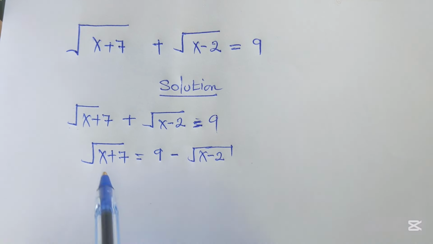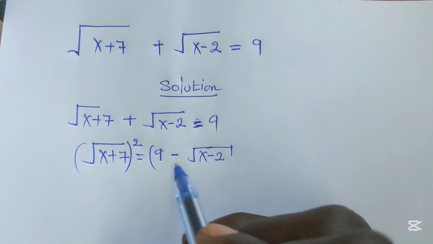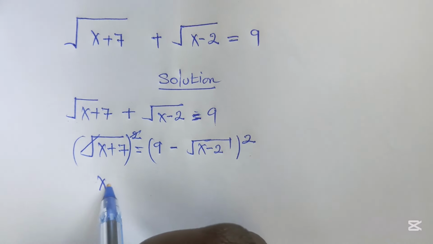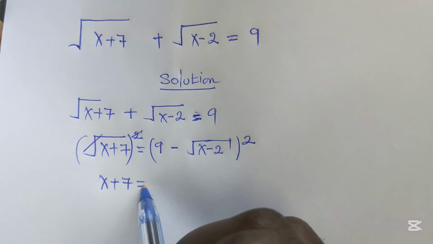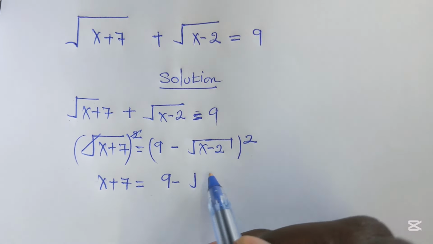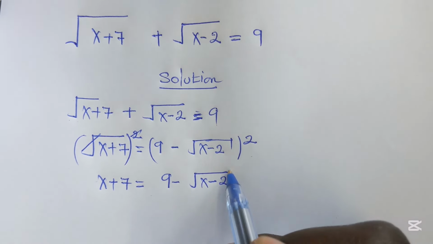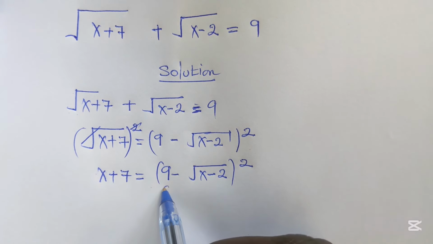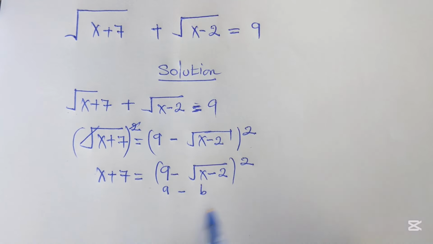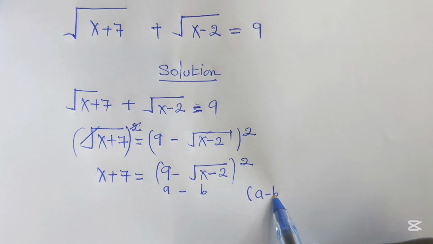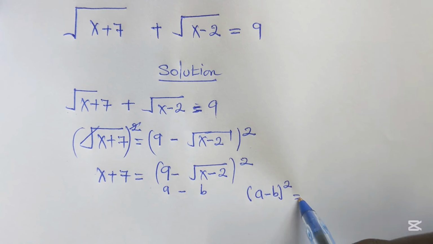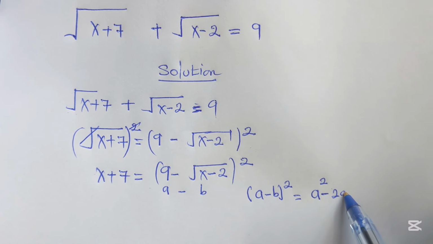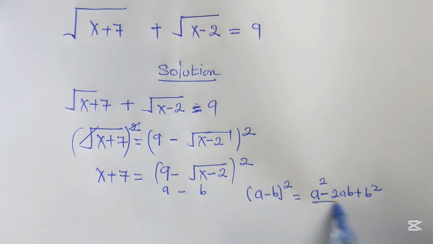So what we get, we square both sides, to get x plus 7 equals 9 minus square root of x minus 2, squared. And we know that a minus b squared equals a squared minus 2ab plus b squared.